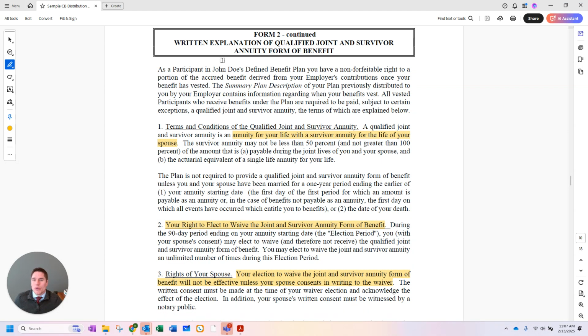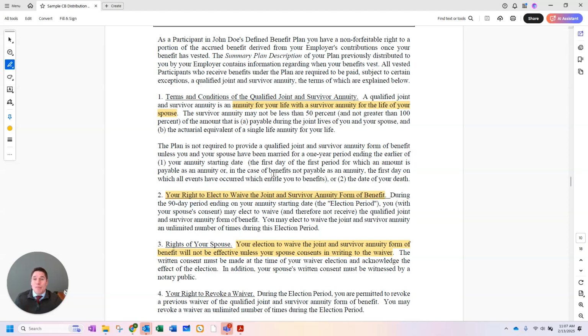This goes on to an explanation of the qualified joint and survivor annuity form of benefit. Go ahead and read this if you'd like. But I'm definitely recommending that you waive that joint and survivor annuity. Again, like I said, if you want an annuity later in life, no problem. Get one when you're about to retire, but not now.